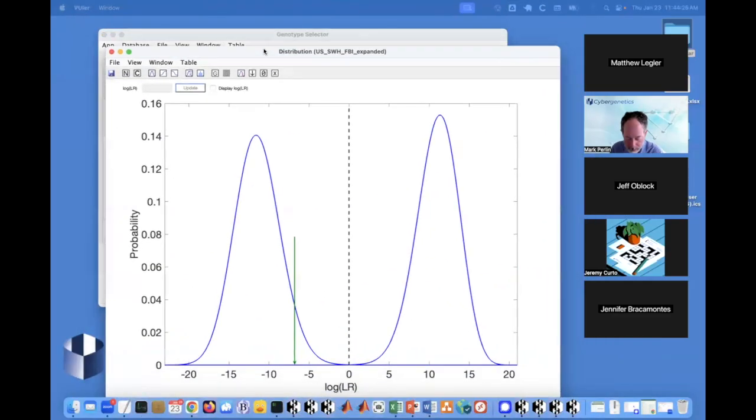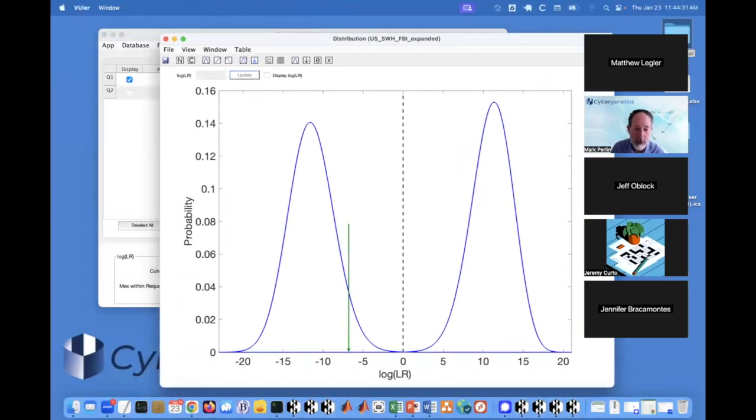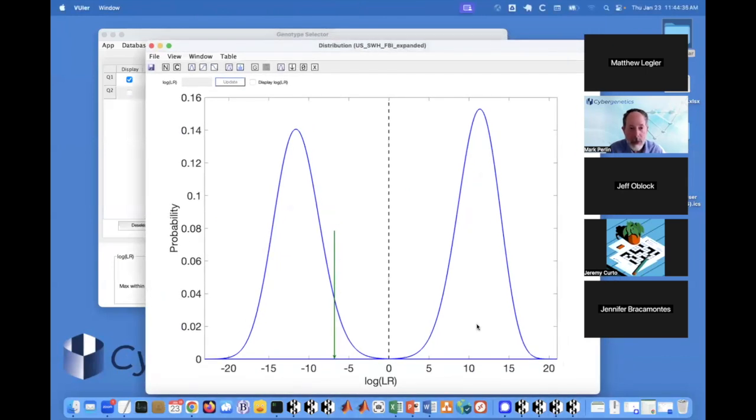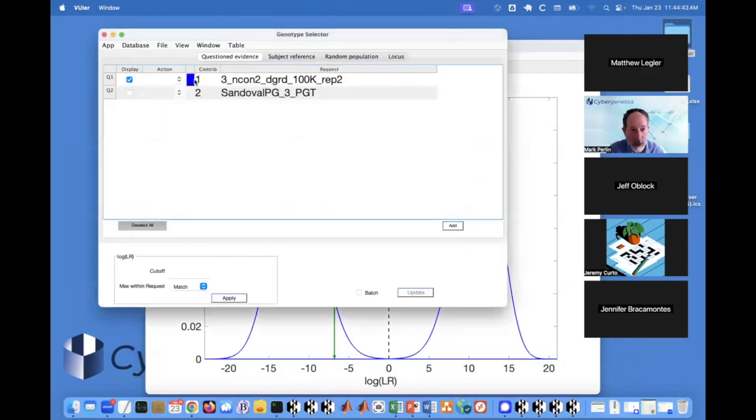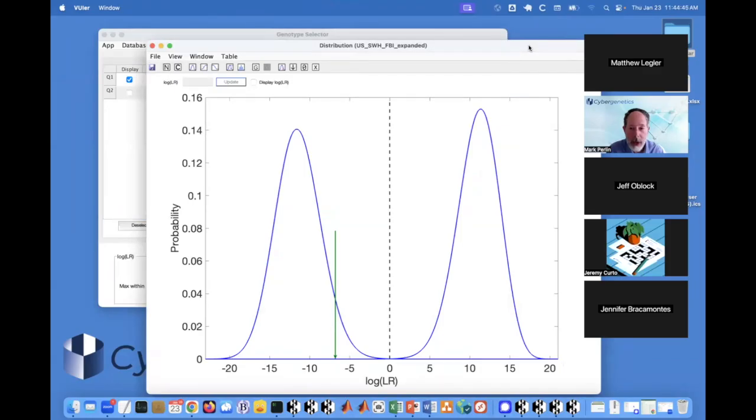And so what we are seeing here is the distribution, non-contributor and contributor from TrueAllele. So this is the TrueAllele inferred evidence genotype and what that looks like. Okay, can I talk about that for a second? Please do.